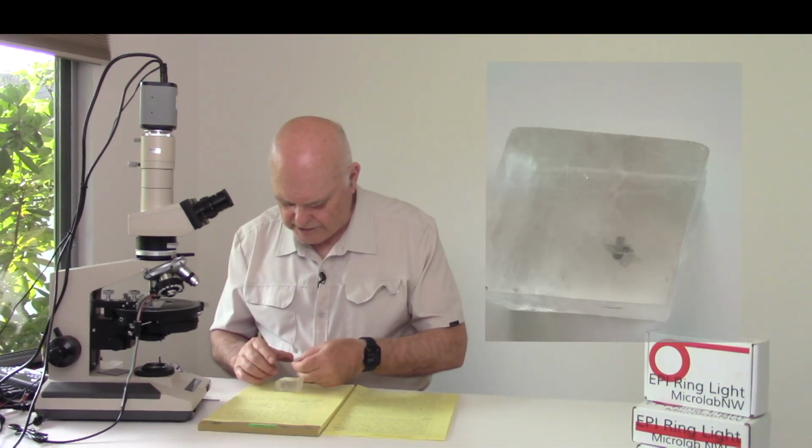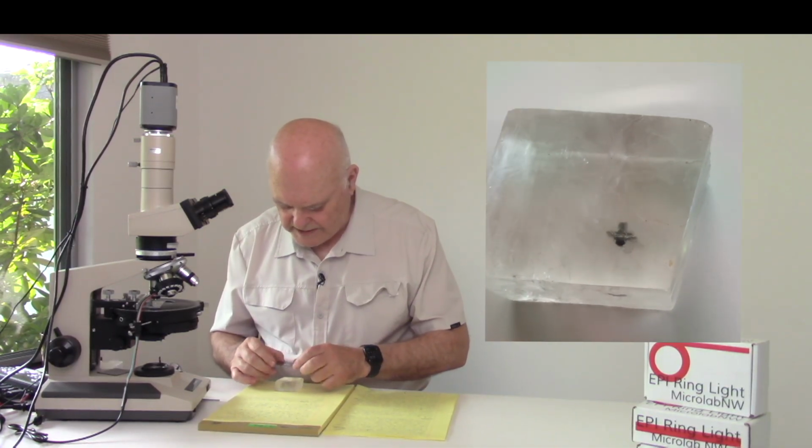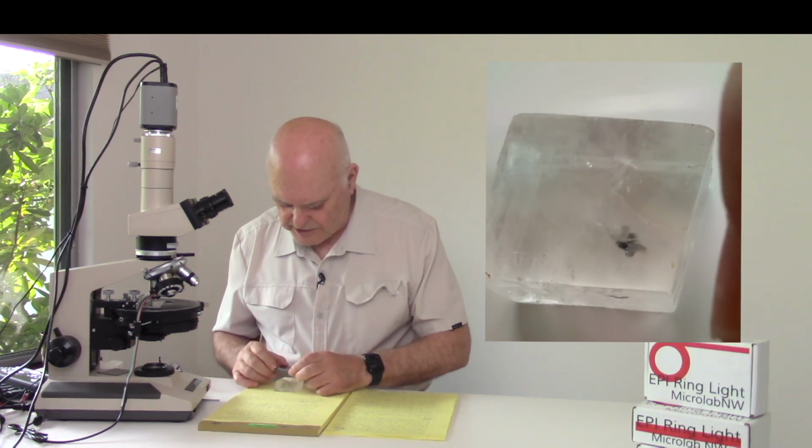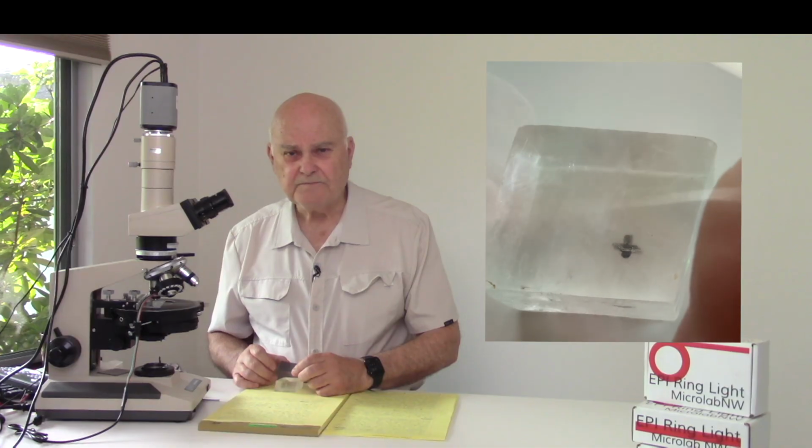Well, if we take our polarizing filter and we look at the two images coming through the calcite crystal, we notice that as we rotate the polarizing filter, we see one image and then we see the other. And at the position in between, we still see both images.